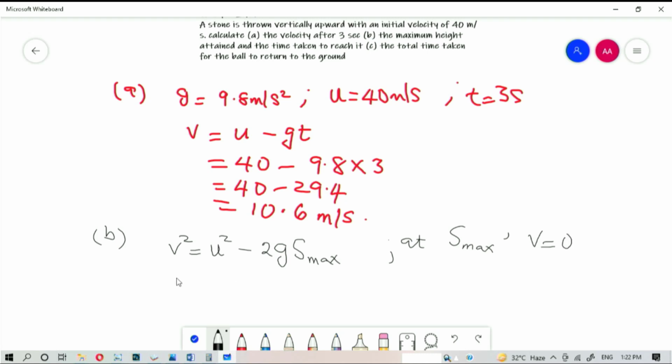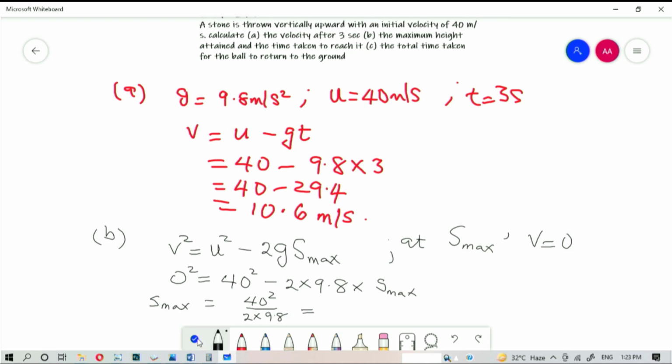So 0 square will be equal to 40 square minus 2 times 9.8 times s max. So make s max the subject of the formula. s max is equal to 40 square divided by 2 times 9.8.